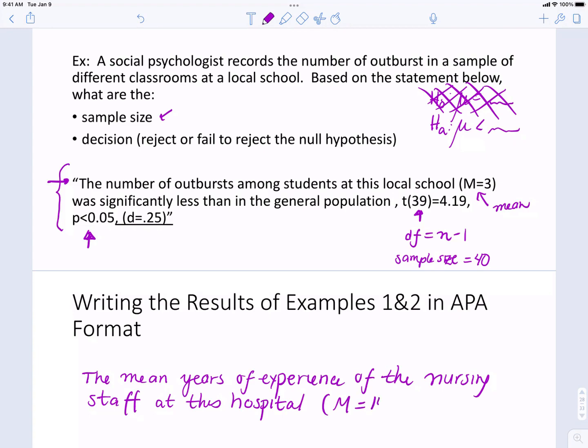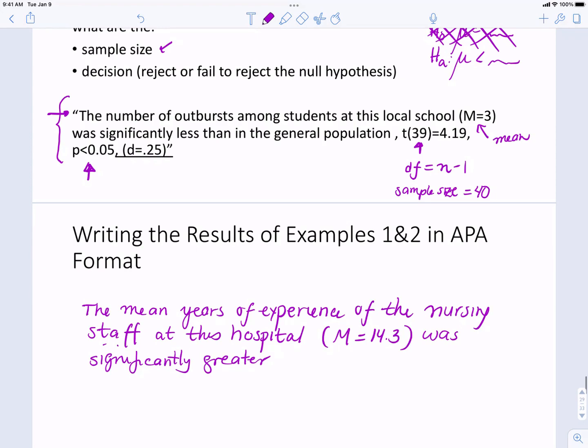So their mean is equal to 14.3. was significantly greater than in previous years.